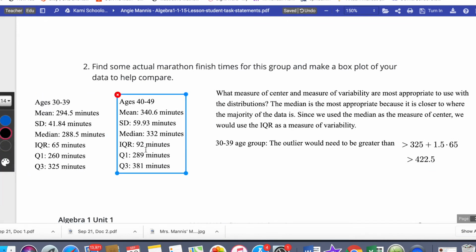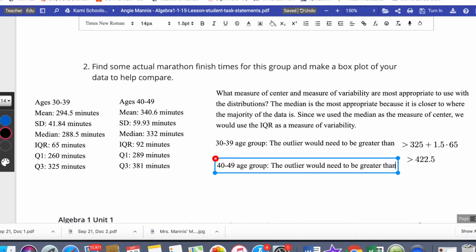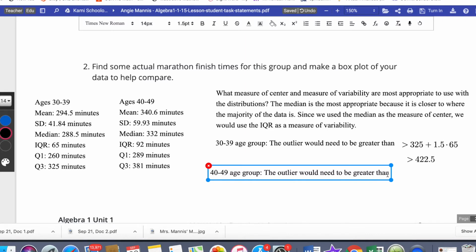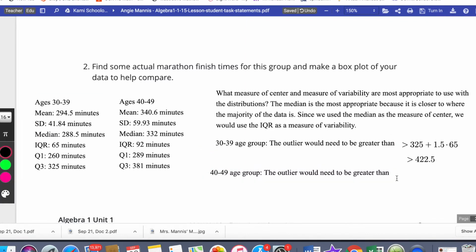So let's look at the 40 to 49 age group. The outlier would need to be greater than Q3, 381, plus 1.5 times our IQR, which is 92.